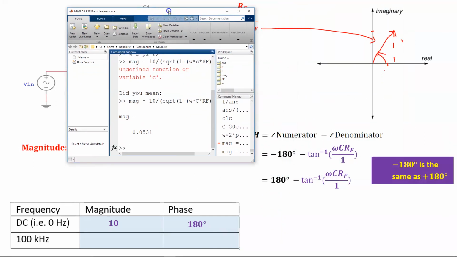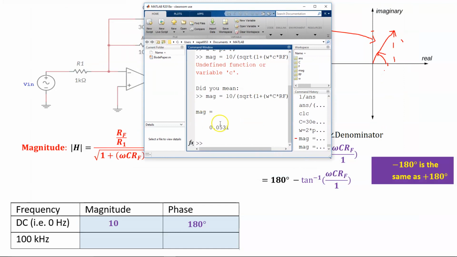Okay. Similarly, what happens to the angle when omega is that? So let's see. Arctangent, let's do 180 minus arctangent of omega times C times RF divided by 1. I'm using MATLAB right now, and MATLAB reports the angle in radians, so I'm going to change that to degrees, times 180 over pi.